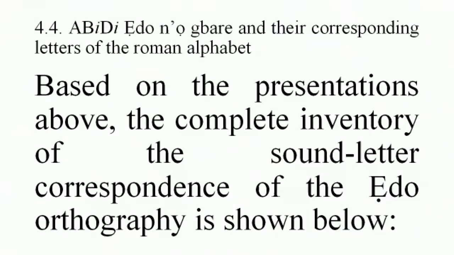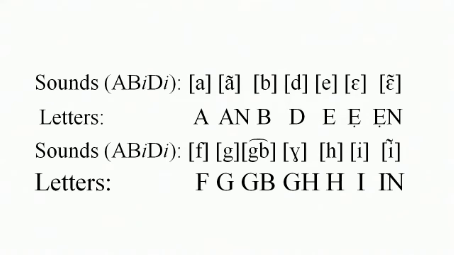The song we were taught in the private school in those days is wrong when you say ABiDi Edo, because many sounds were left unrepresented, because it was based on the English format.